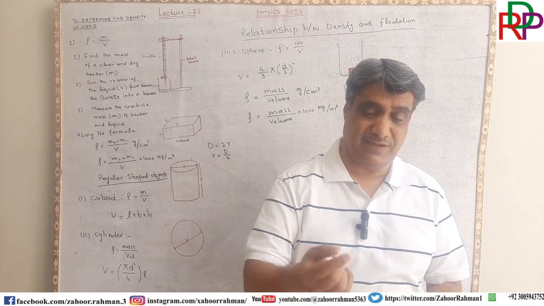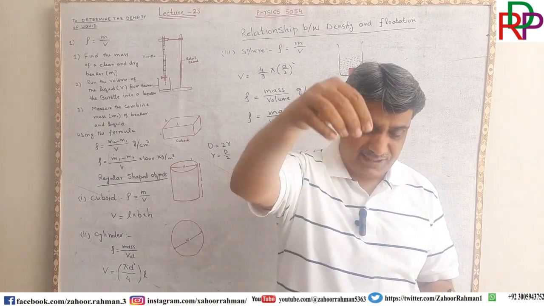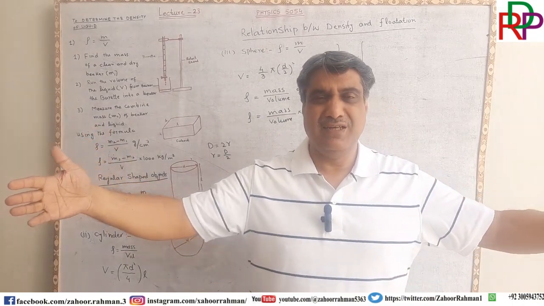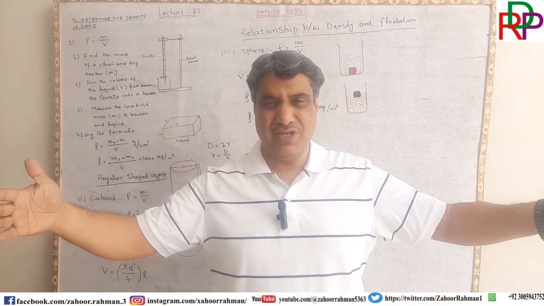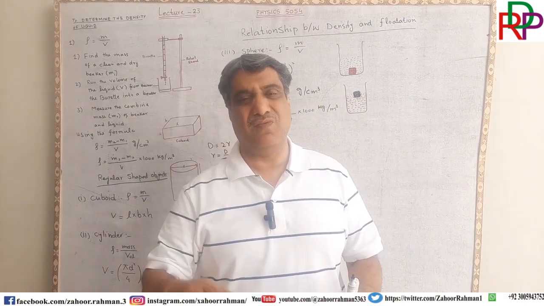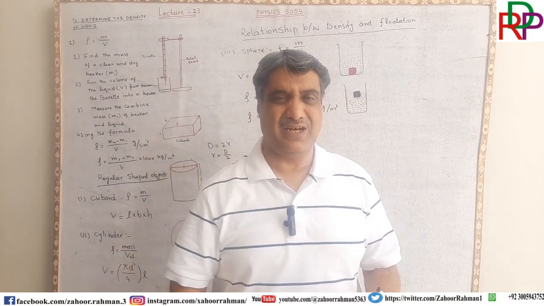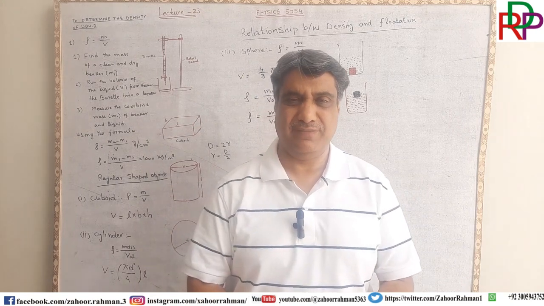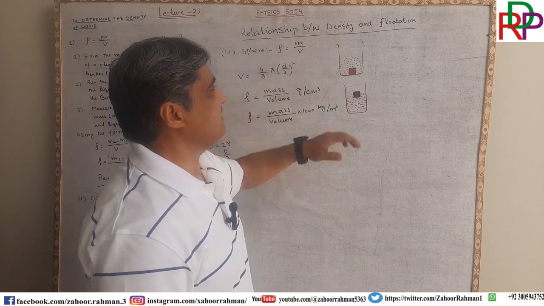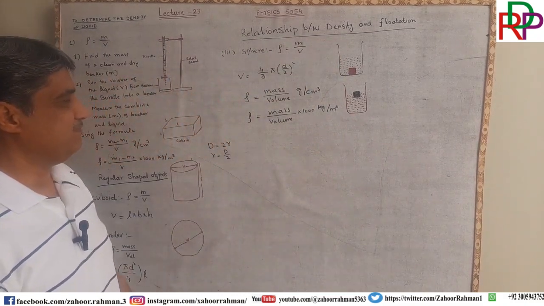What is the reason? If you put a small needle inside the water, it sinks down, but a much bigger volume of wood, when immersed in the water, does not sink down and it floats. So we will find a relationship between density and flotation.